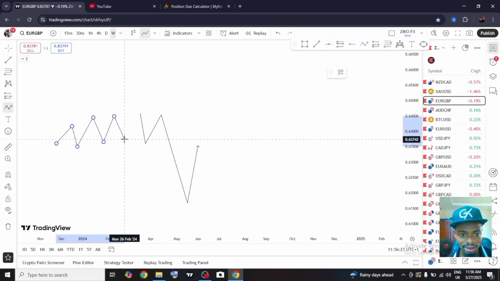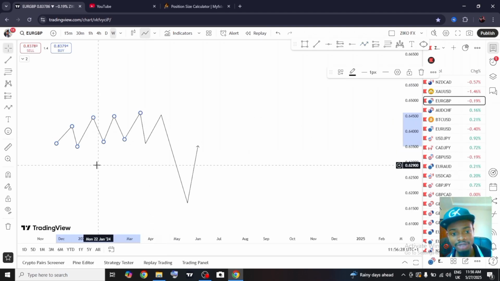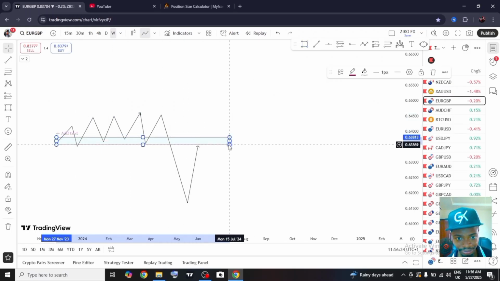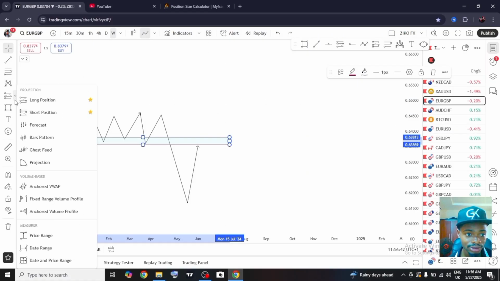Remember, I didn't even mention it. Support and resistance on the daily time frame should have at least 3 taps from the area of interest, right? So you now draw your area of interest, something like this, and you have that round psychological level. You have the EMA coming above. So let's just add all these things.